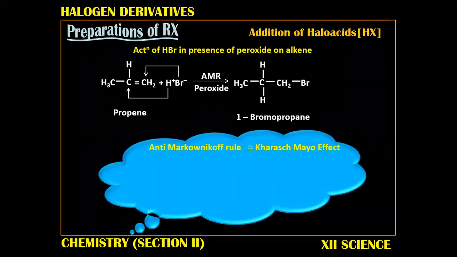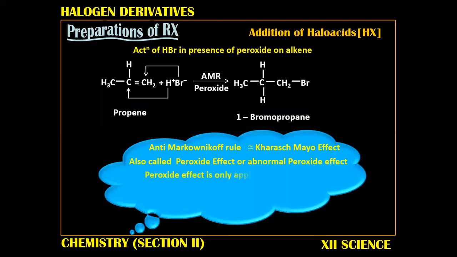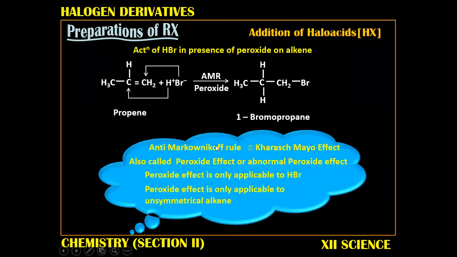Now those who don't know the anti-Markovnikov rule, copy down this statement. Kharasch effect, anti-Markovnikov rule, peroxide effect, and this is applicable only to unsymmetrical alkenes and HBr. Only HBr can show this reaction.